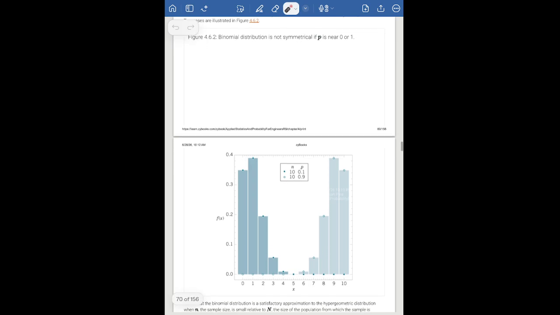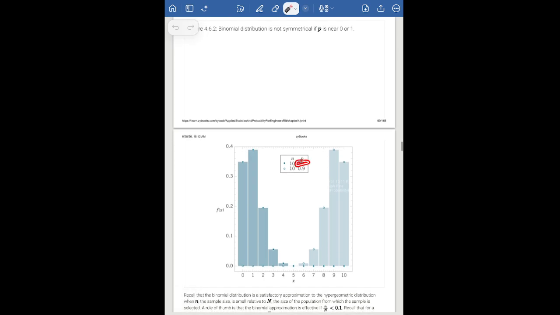If you have a probability of 0.1 or 0.9, there are situations where the distribution would stack up on one side, because it's so likely to be closer to 0, or stack up on the other side, because the frequency would be so much greater in that particular case.